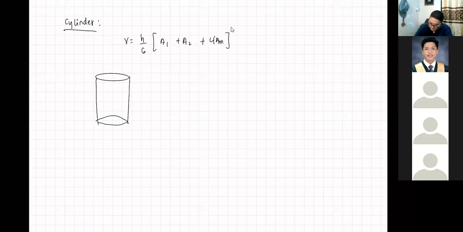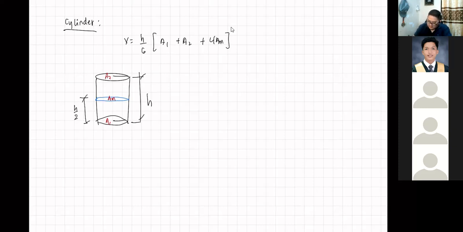Ito yung height niya. Ito yung A1 natin again. Ito yung A2. At AM natin is somewhere dun sa gitna niya. So yung height nito is H over 2.